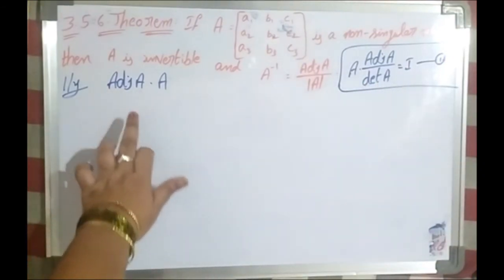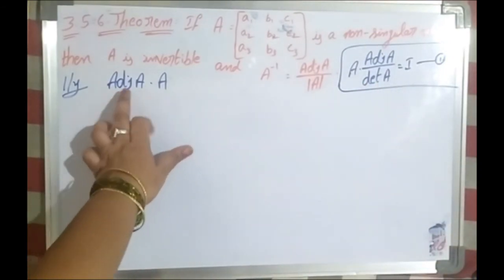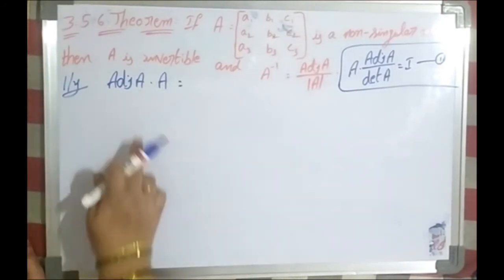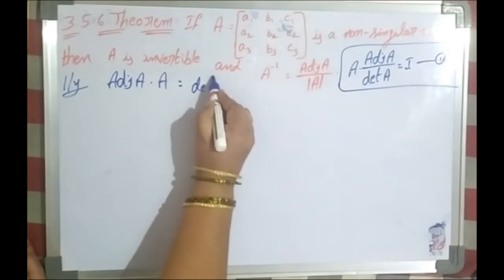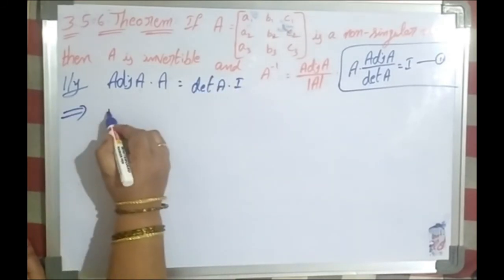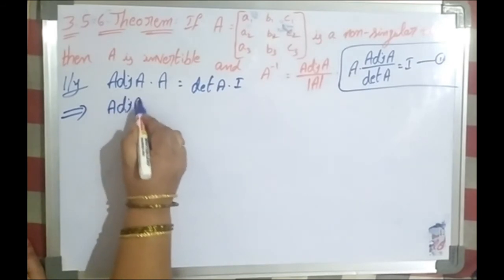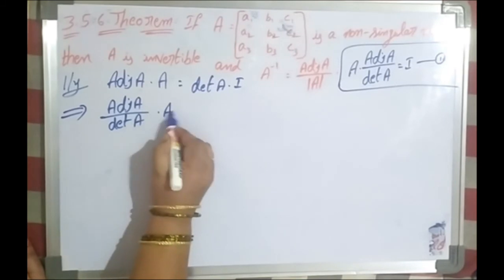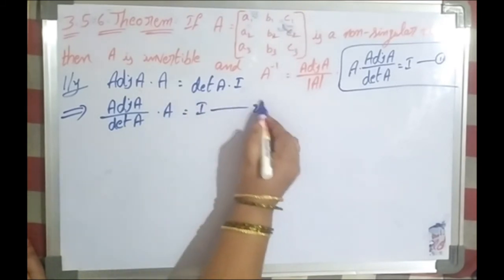And similarly, by calculating adjoint of A into A, we have adjoint of A into A value also det A into I. Then from this we say that adjoint of A by determinant of A into A is equal to I. This is equation number 2.